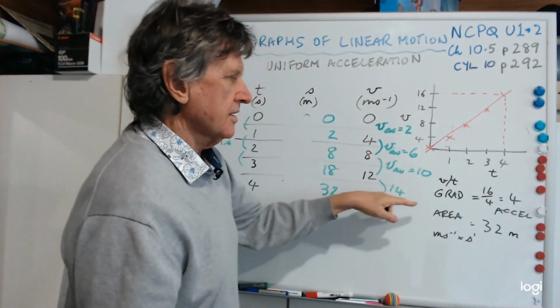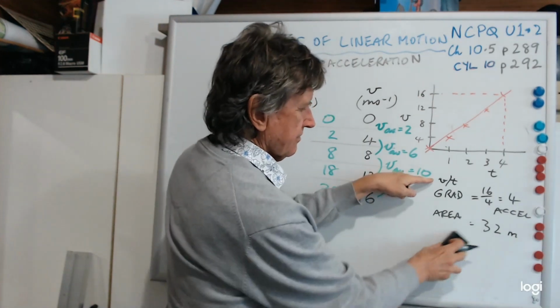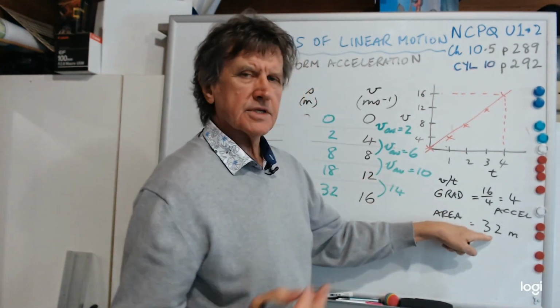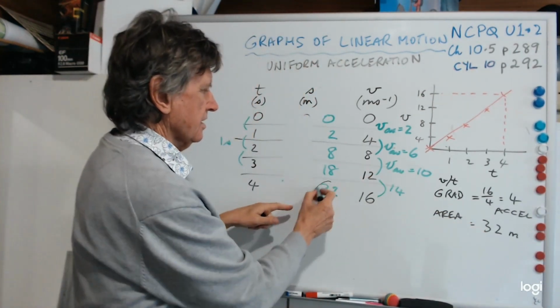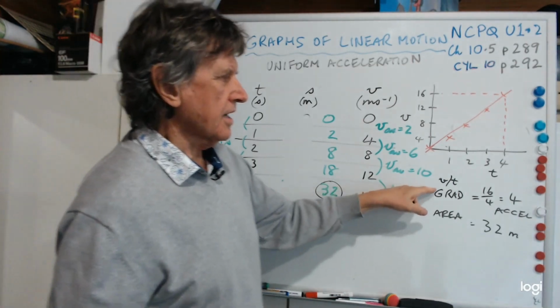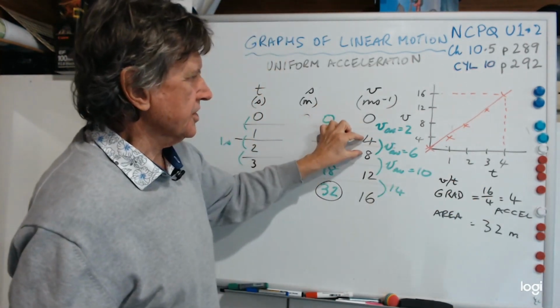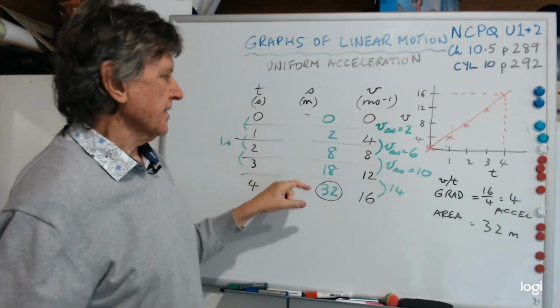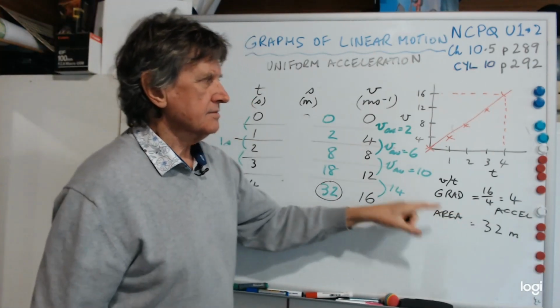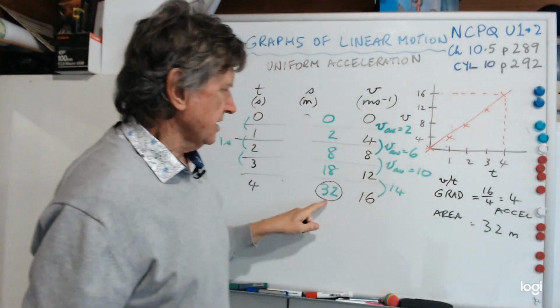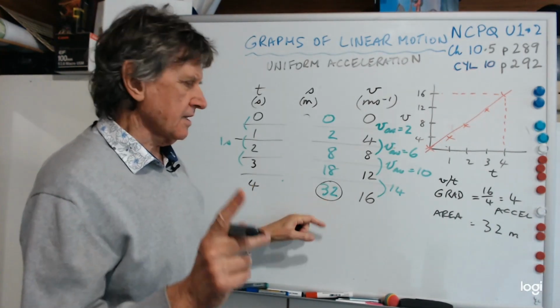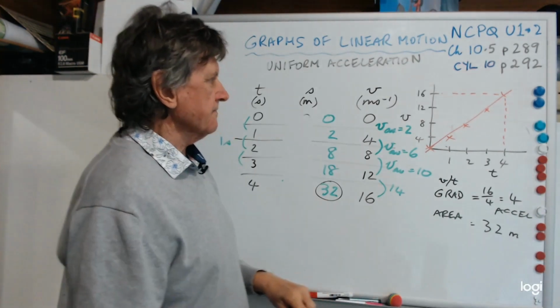Okay, so the area under a VT graph is displacement, the final displacement here. So the gradient is the acceleration, that's the change in velocity per second, and the area under it for the full 4 seconds is the final displacement. So keep that in mind when we make a summary.